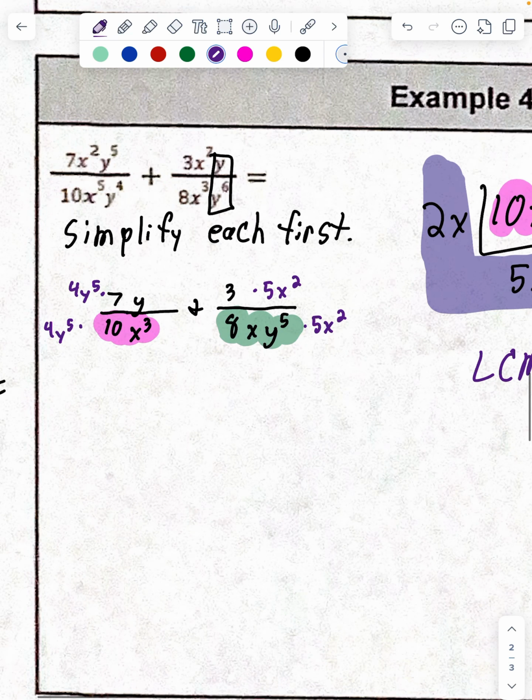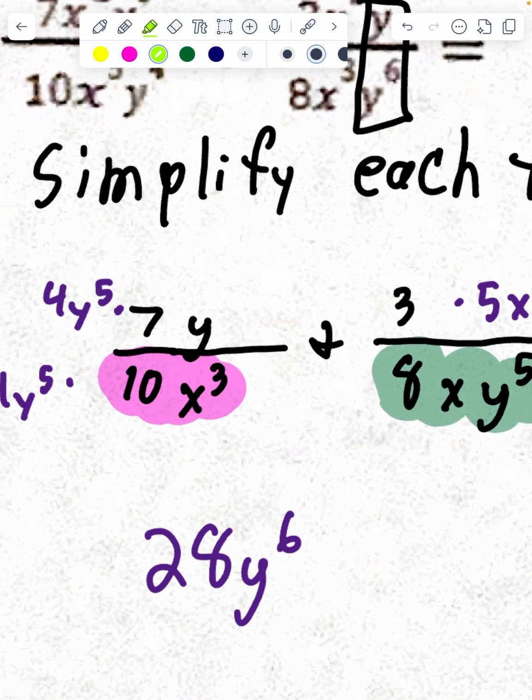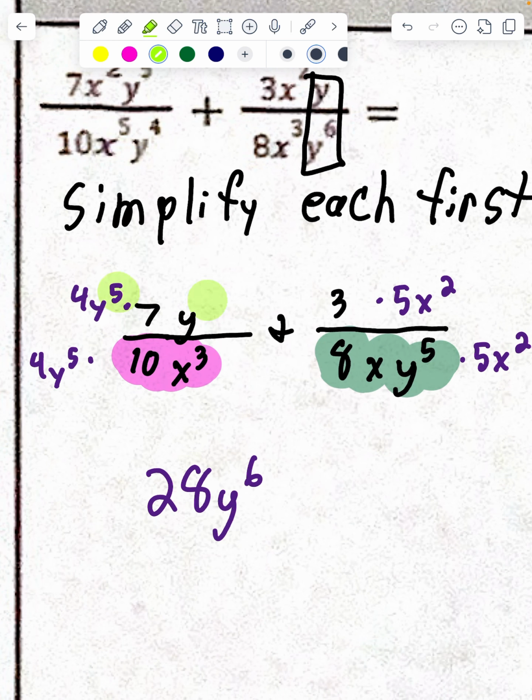So when I multiply that, we're going to be left with 28y to the 6. Because here, let's highlight real quick, here I have 5, here I have a 1, so that's going to make a 6.